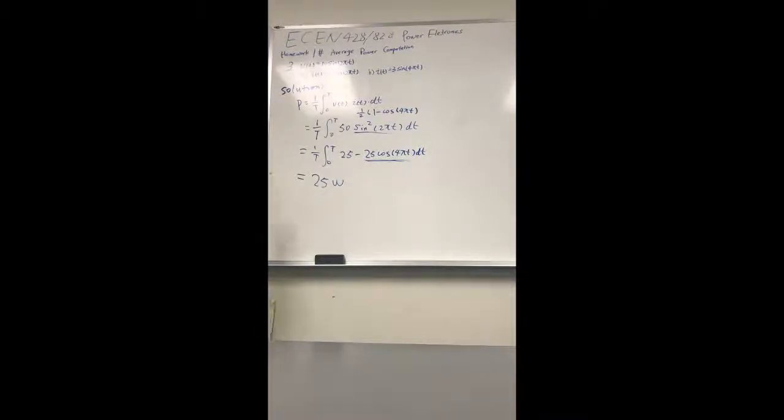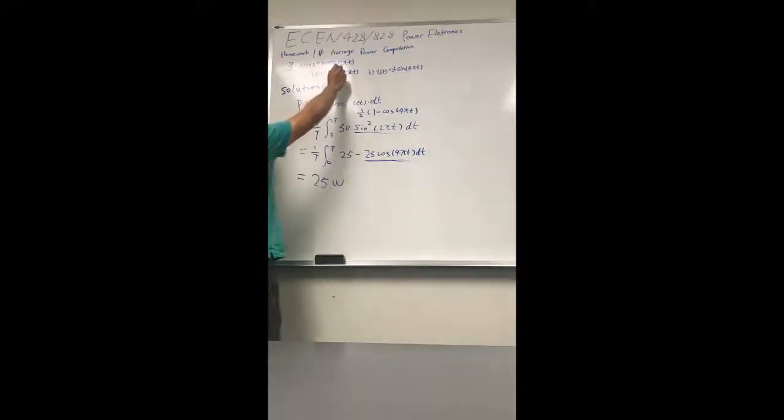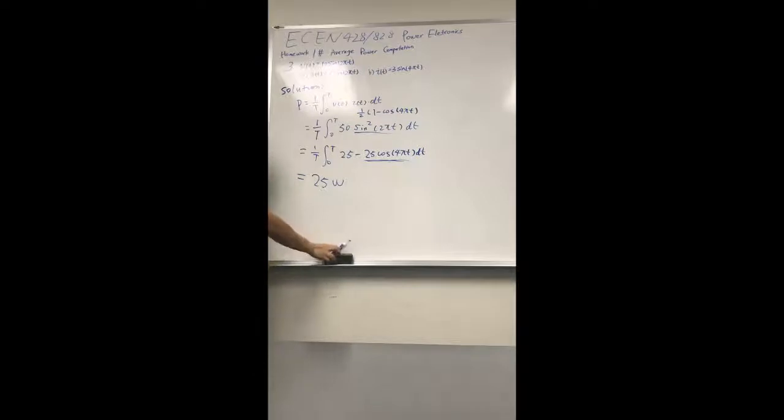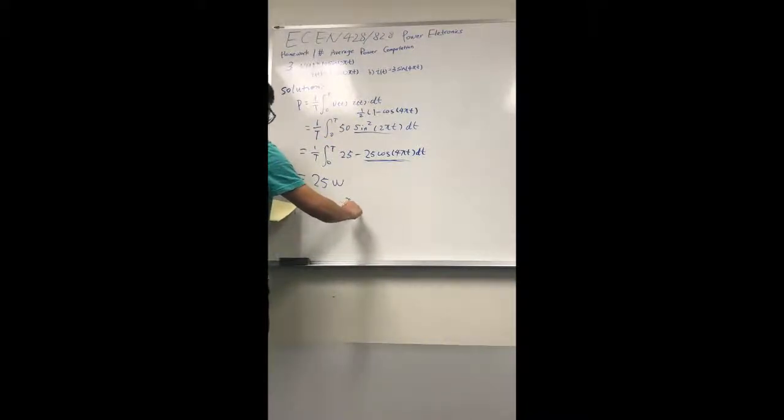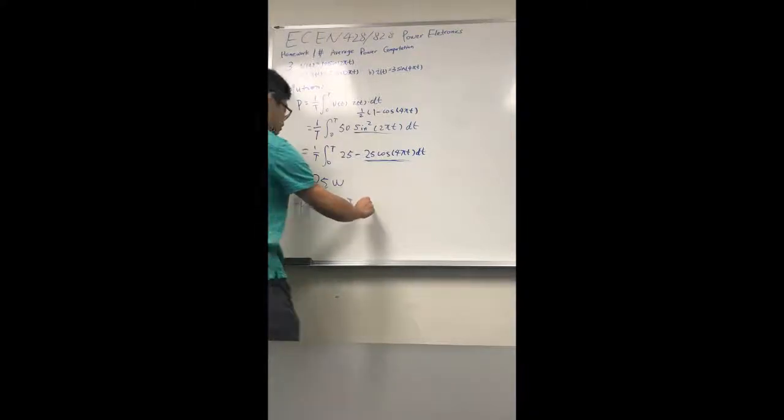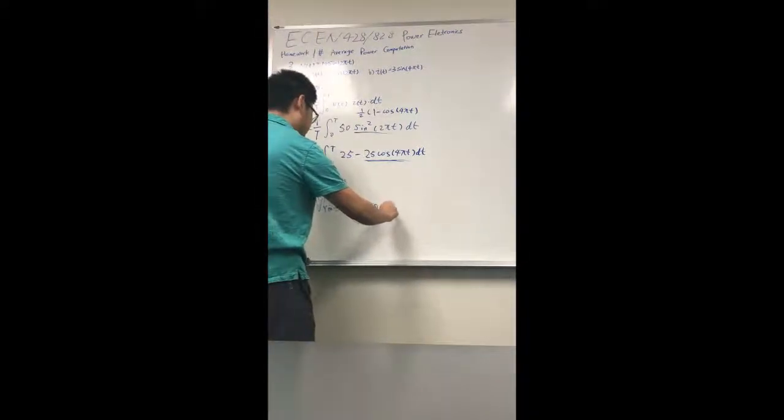This uses the definition of average power for the calculation. There's a simple way to calculate, because we know that the frequency of the voltage and the frequency of the current are the same. So we can use this equation, that is P equals V RMS value times I RMS value times cosine of alpha minus beta.